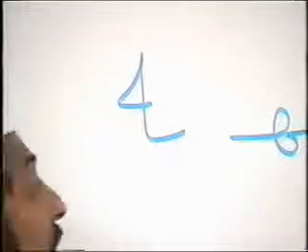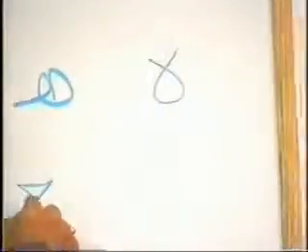Okay? When I come to joining, I will show you what happens to the ta, how it becomes a ha, and I don't want to do that now. What I'm interested in now is showing you the different forms. So when they appear in the different forms, you must know what letter it is. Because if you don't know what letter it is, you'll never get it right. Now the letters that give problems, like I said, are ayn and ghayn.